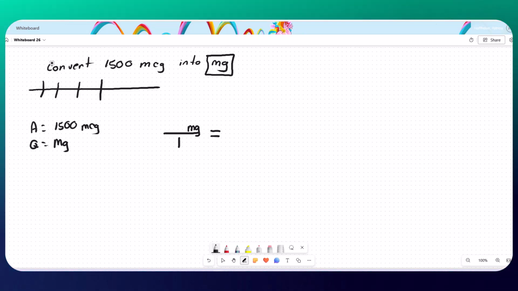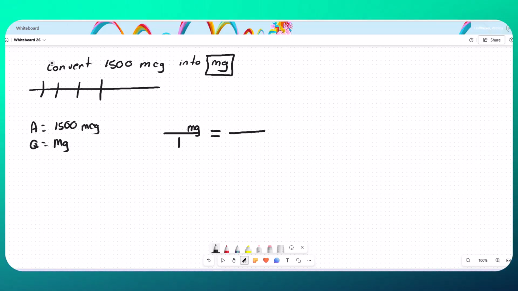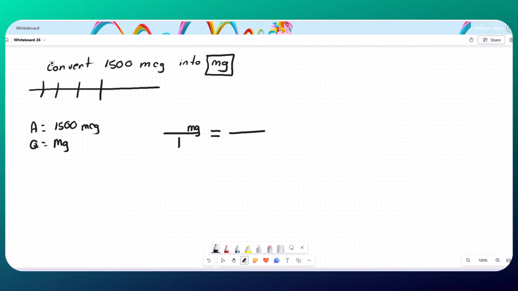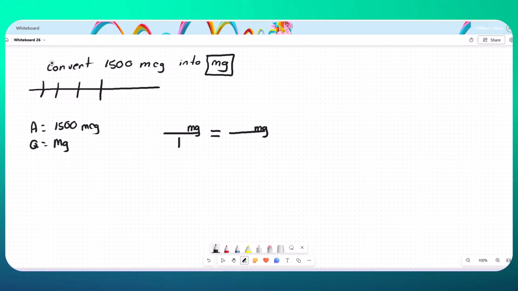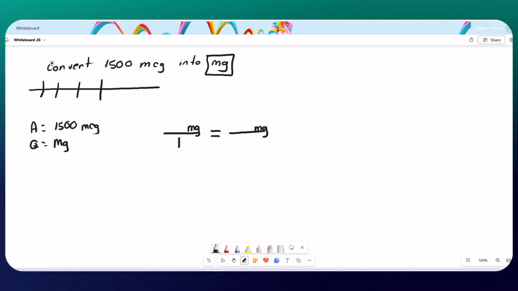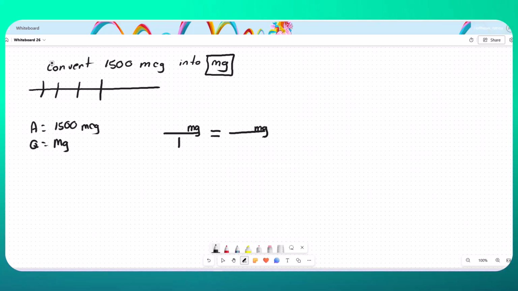Then comes that equal sign, okay? Another fraction bar. So the first thing I need to do is put in my logic. Milligrams equals milligrams, all right? Okay, this is going to need another conversion factor.